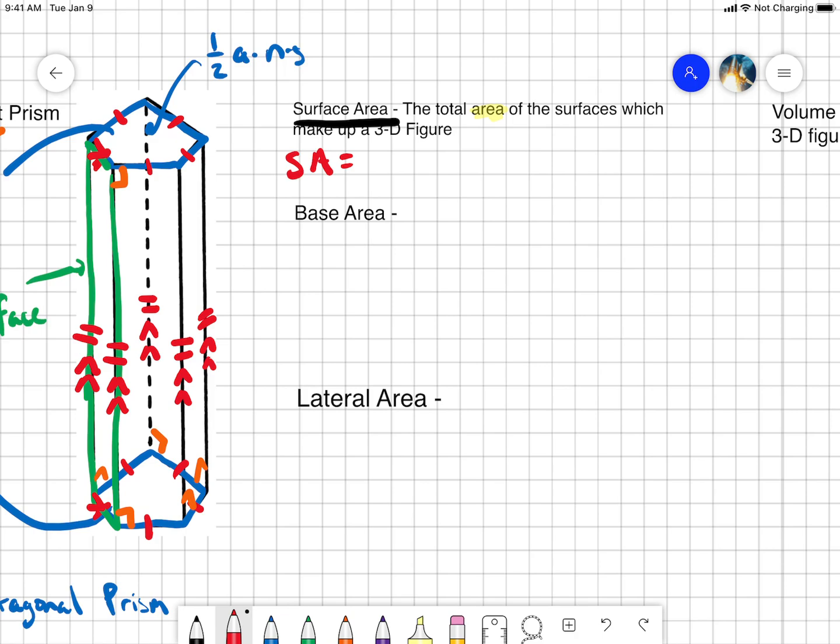In this figure, I've got two bases. I've got the top, and I've got the bottom. And we know that they're both congruent because of the definition of what a prism is. Okay?